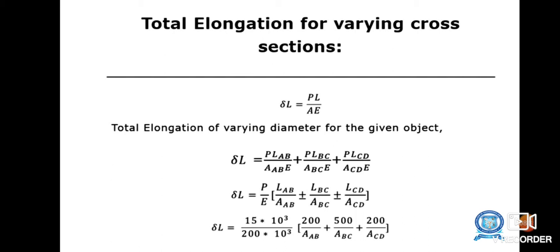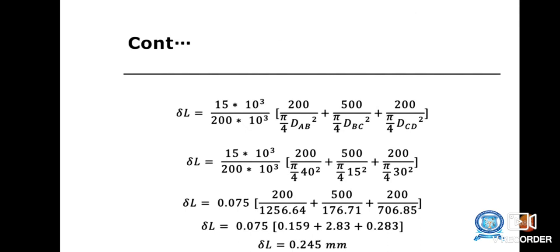Del L is equal to 15 into 10 power 3 divided by 200 into 10 power 3, into 200, that is the length of AB, divided by area of AB, plus 500, length of BC, divided by area of BC, plus 200, length of CD, divided by area of CD. Next we apply all the areas of the portions.